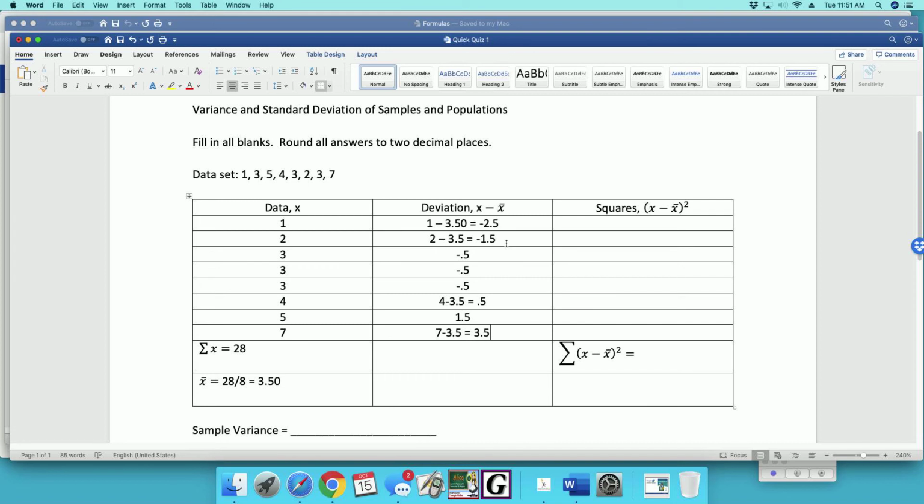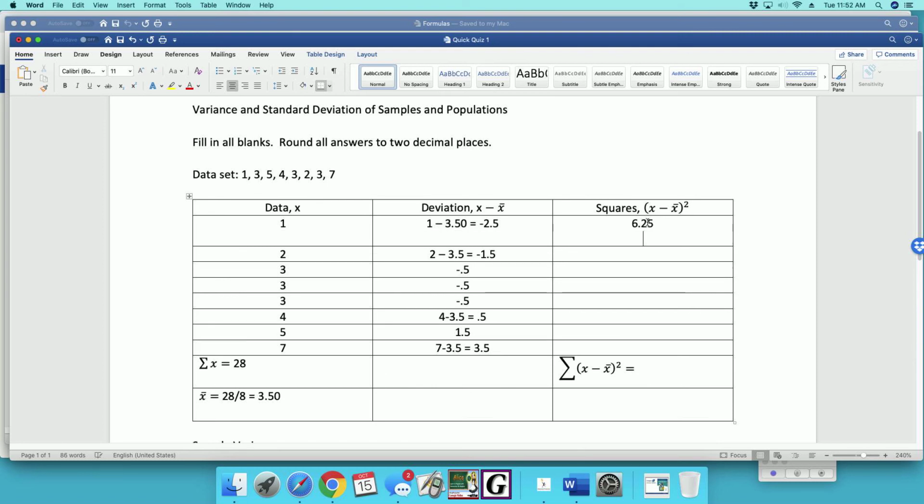Now I have to square them. So negative 2.5 squared is 6.25.